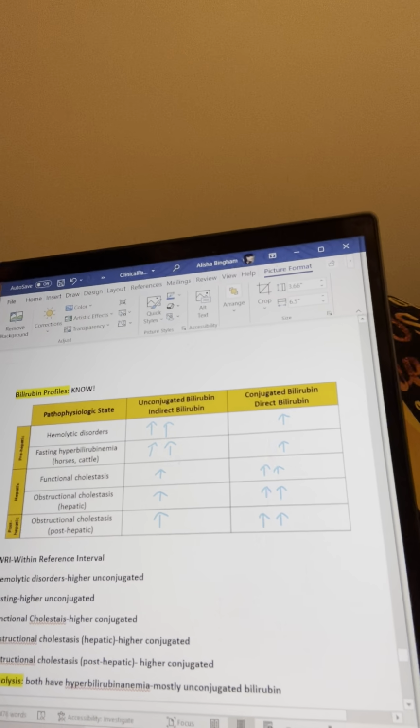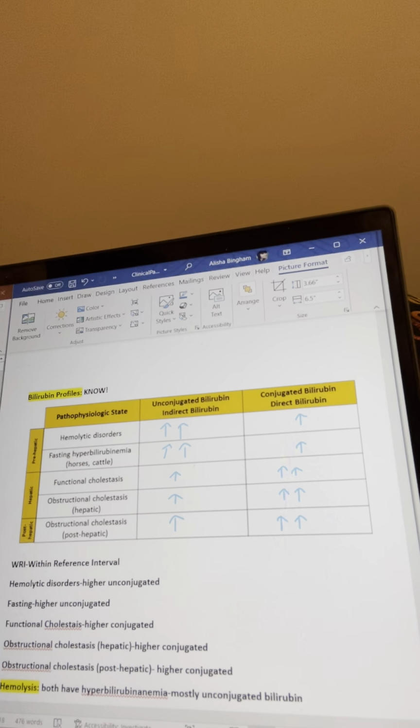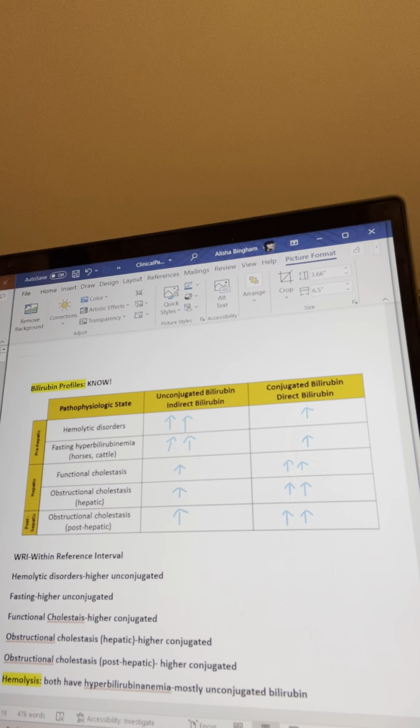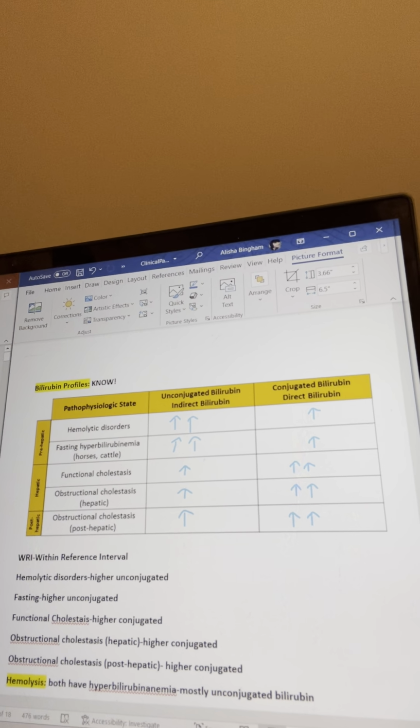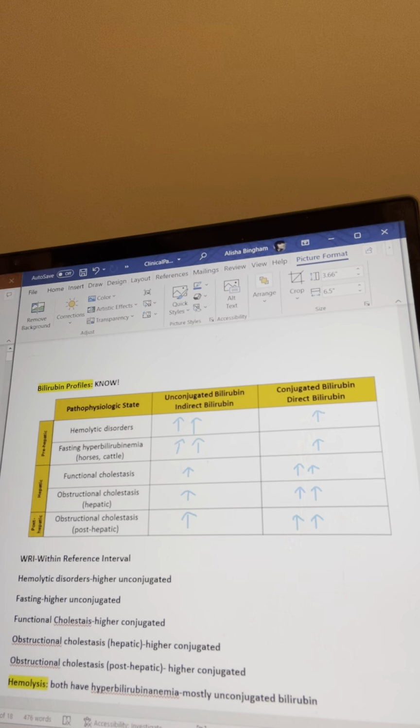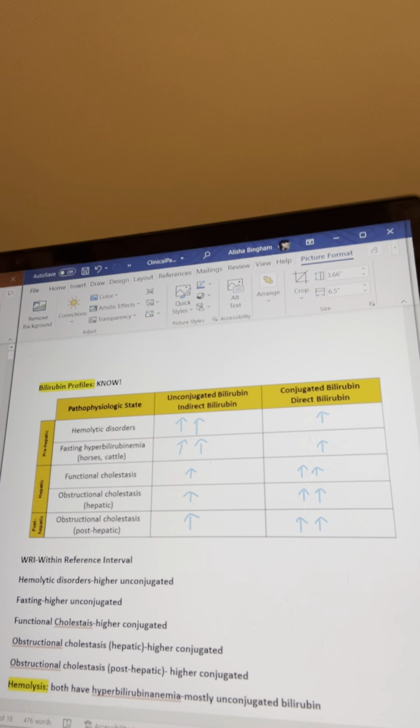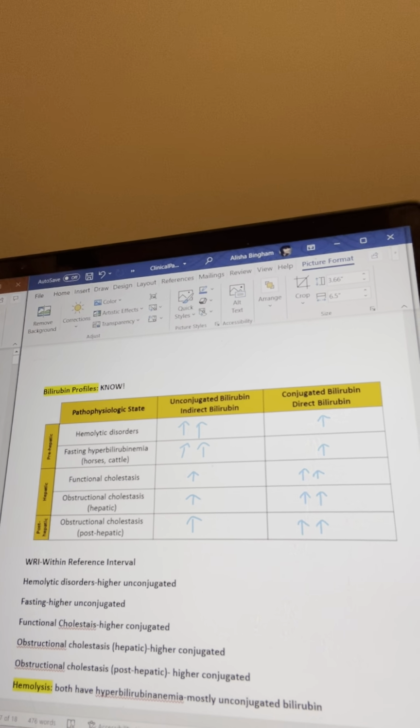So this is just an overall overview of what kind of blood or bilirubin it has to deal with. Like I said, in hemolytic disorders, you have increased unconjugated bilirubin in the blood. For fasting hyperbilirubinemia, you have increased unconjugated bilirubin in the blood.